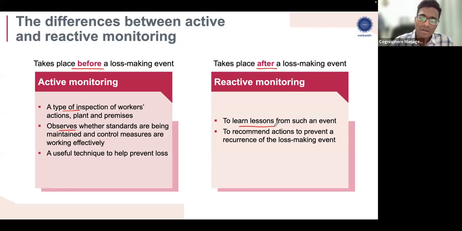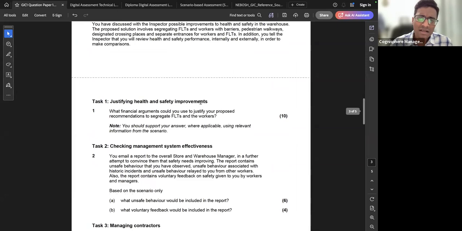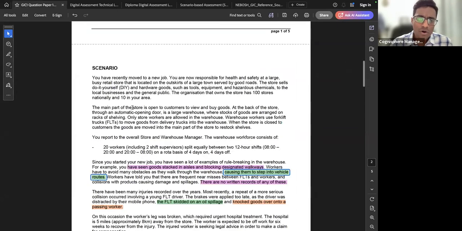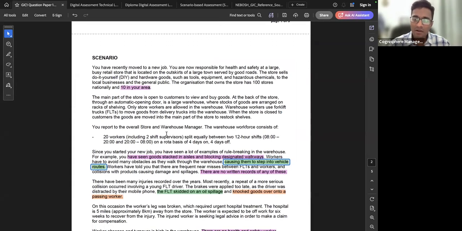Okay. Now, for instance, here, this store, they own 100 stores and 10 in their area. Okay. So assuming all other 10 stores have a very similar setup and similar work activities. So the accident that happened here can also be used as a lesson learned for the other 9 stores in that area, because the activities are the same.